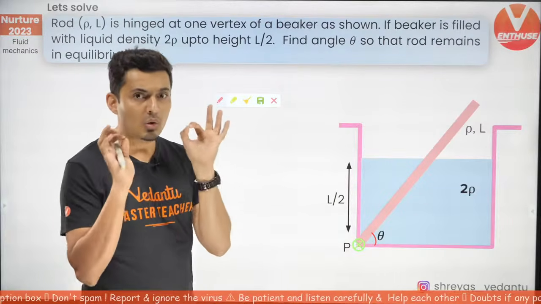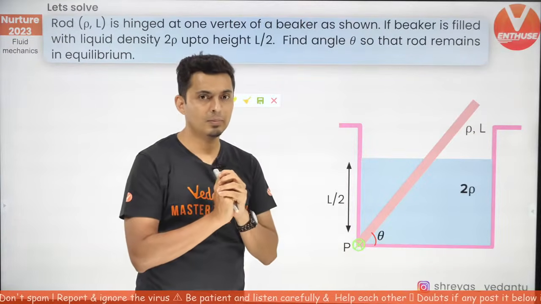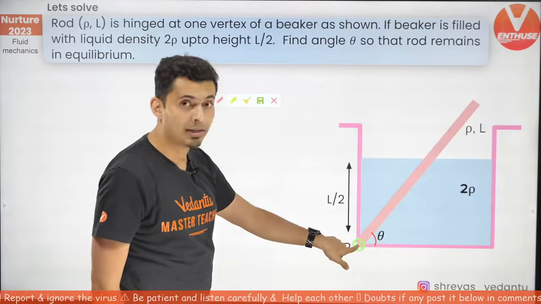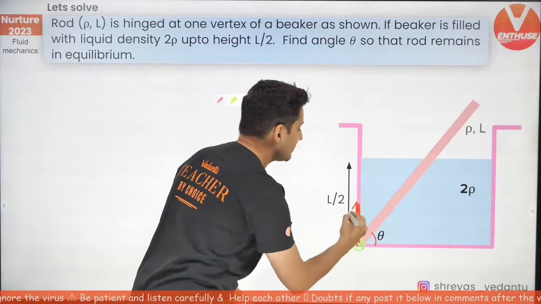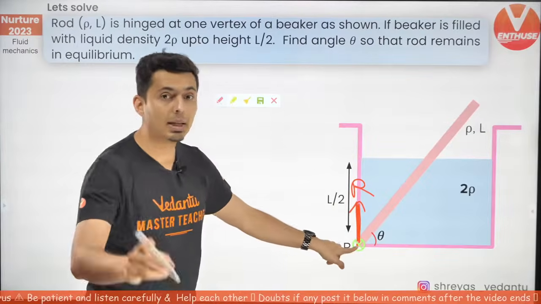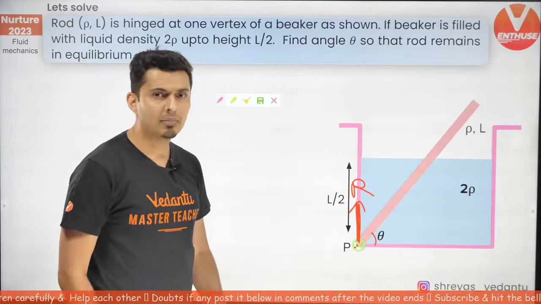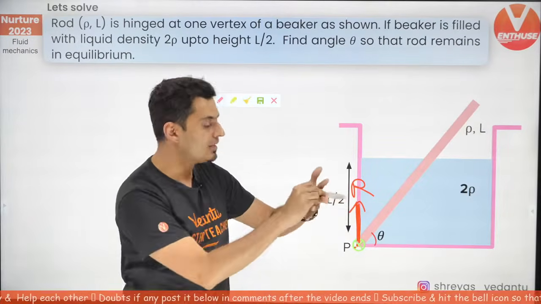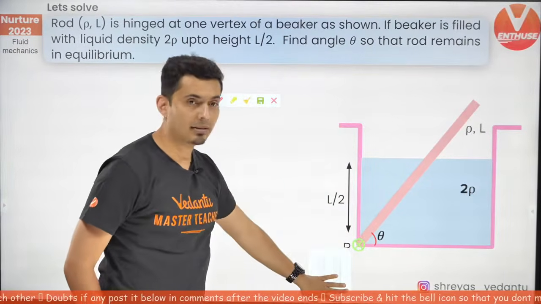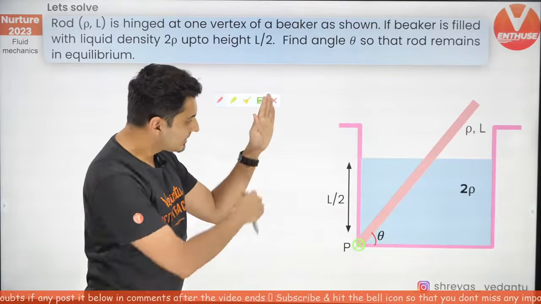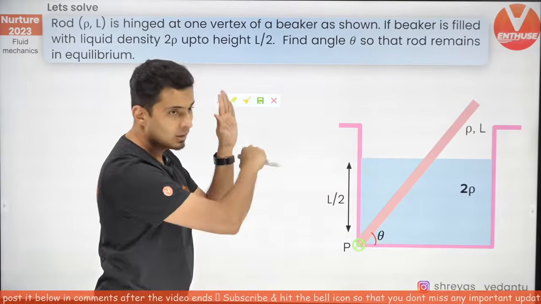Fair enough. So whose torques will be considered? If you measure the torque about this point, even if there is a reaction force, do you think the torque will be taken into account? Do you think the torque of the reaction force will come? No, right? Because it is passing through the hinge. So this torque will not matter. One torque is the weight of the rod itself, clockwise.